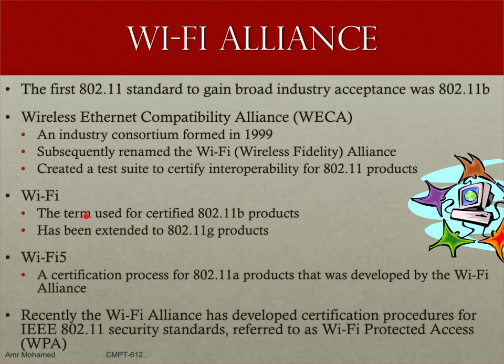The first one was 802.11b, as I said, 11 megabits per second, within the 2.4 gigahertz range. After this, they formed 802.11g. 802.11g jumped from 11 megabits per second to around 54 megabits per second. So there was a big upgrade in terms of data rates, but still within the 2.4 gigahertz. Then they started to form Wi-Fi 5.